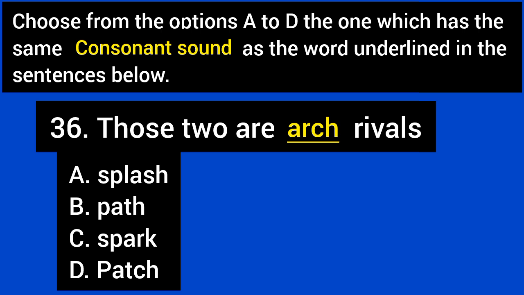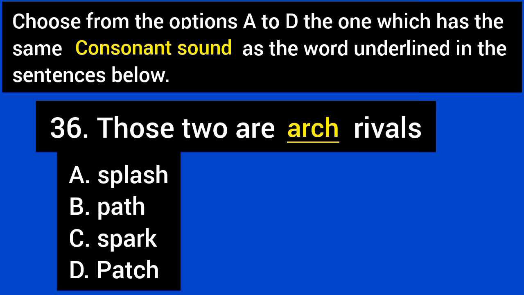If you've been pronouncing arch rivals wrongly, it means you are going to choose the C. When you're answering questions of this nature, you have to take note of the correct way of pronunciation. So the correct pronunciation is not the wrong one, but the right one. So spark cannot be our answer.